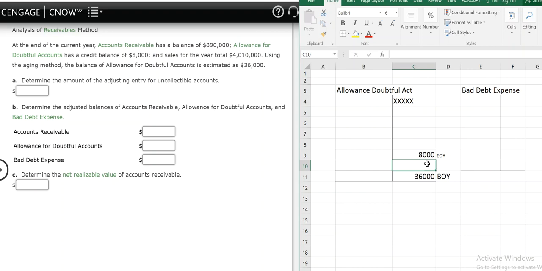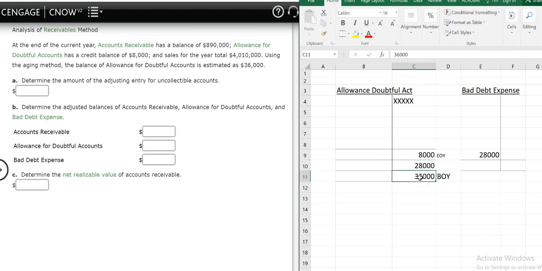All right, so 36, you're going to say, okay, $36,000 minus the $8,000 that the account has right now is obviously 28,000. So I'm going to debit, let me just do the expense first. I'm going to debit the expense $28,000 December 31st, and credit the allowance $28,000 December 31st.